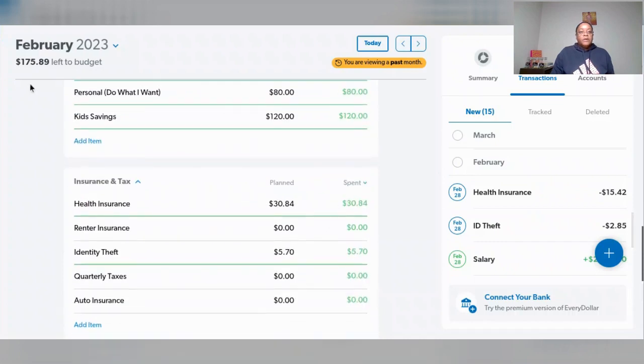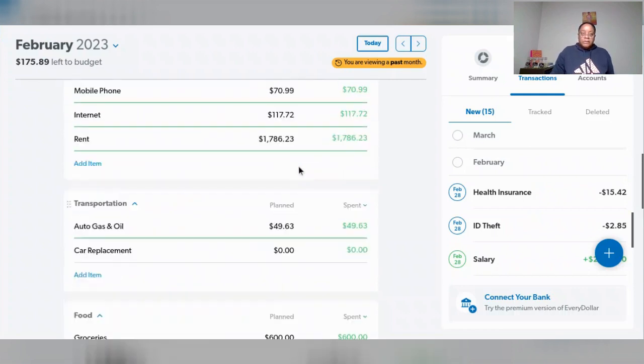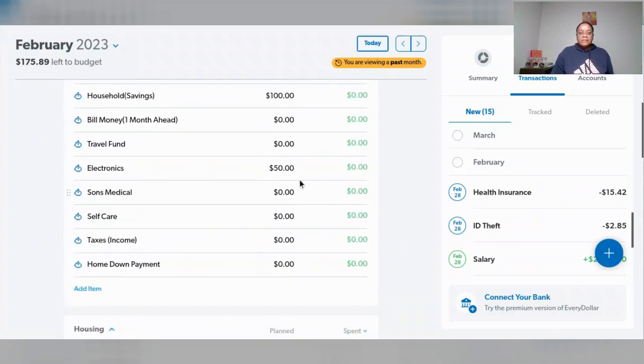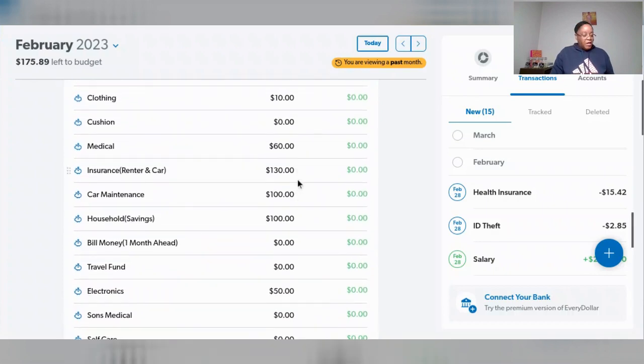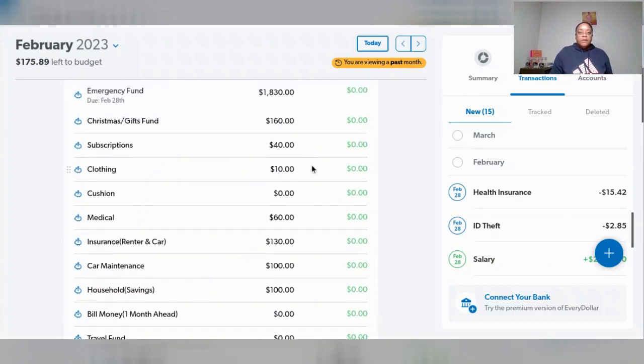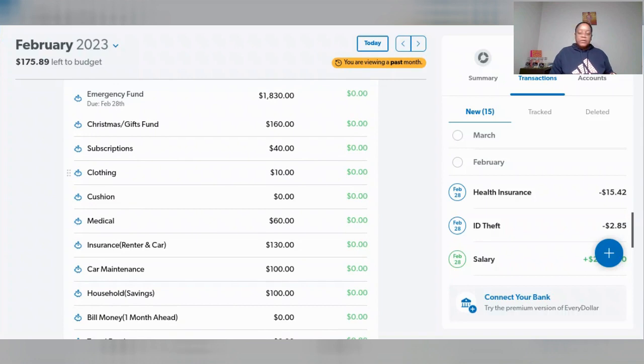So you can see on my budget, I have $175.89 left to budget. And so let's go through and look at these savings. I always save them for last when I get done, just to check all the things and make sure I got that right. All right. Did I bring a calculator? Of course I didn't.